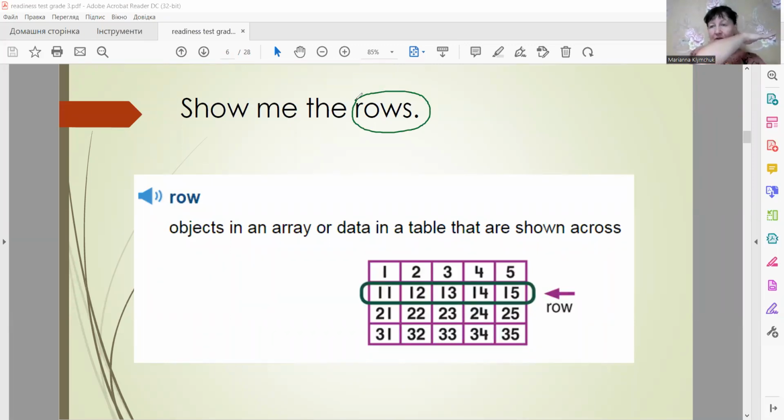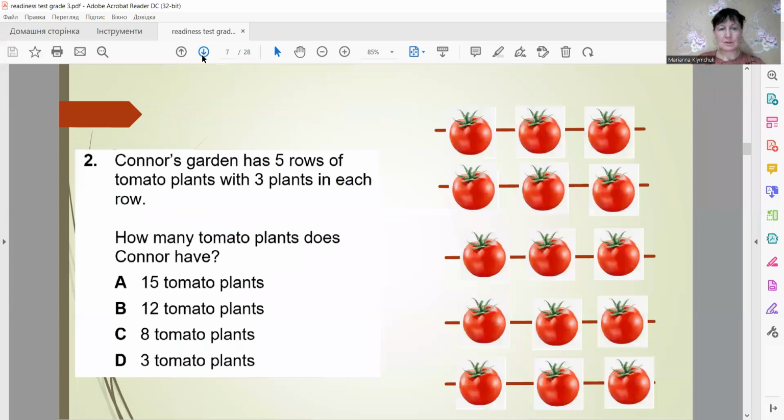They should be able to show me that rows go like this or like this, okay? From left to right, from right to left. Columns go up and down, but rows go like this, because we will be doing a lot with rows. Here you can see in the picture that row goes like this. Now why do we need this? We need this for our solution.